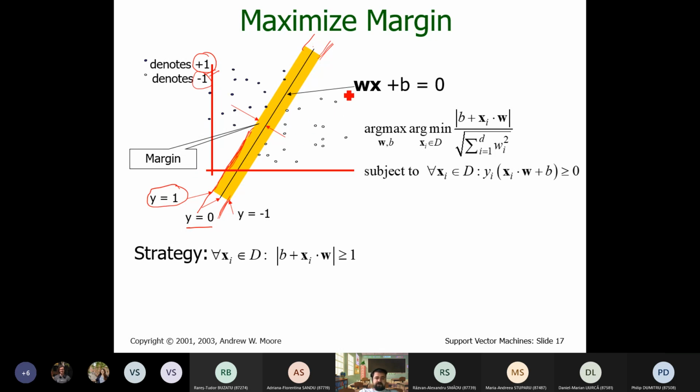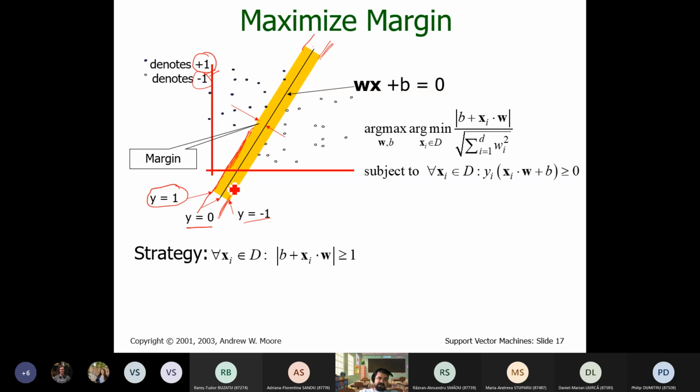And for all the points from the right, we should have y as being -1, and therefore all the points from here should have a distance that is greater than -1.